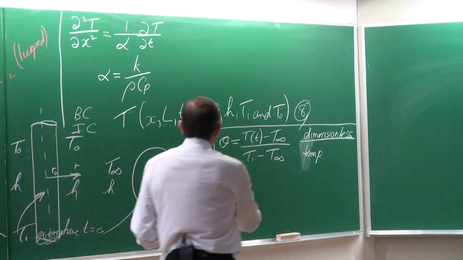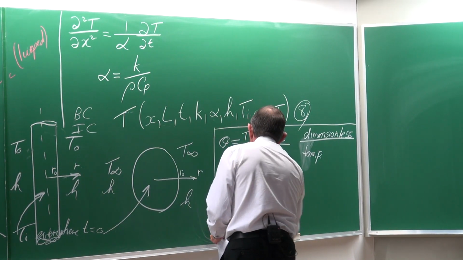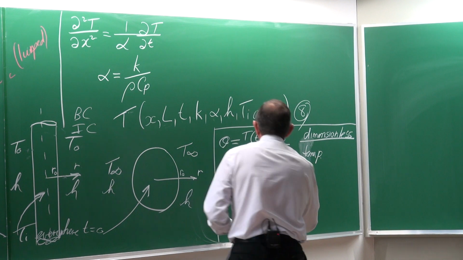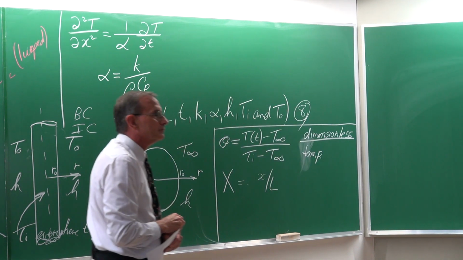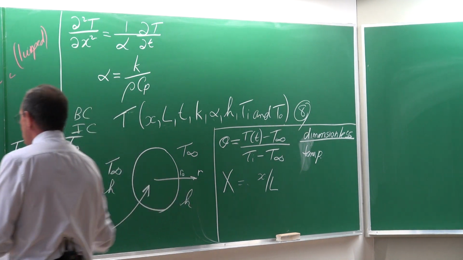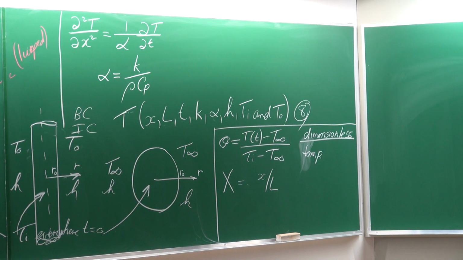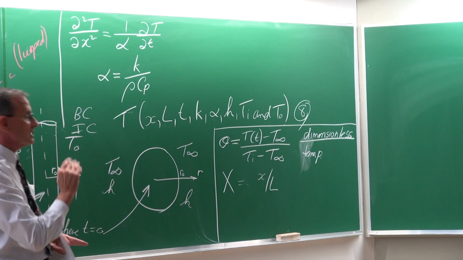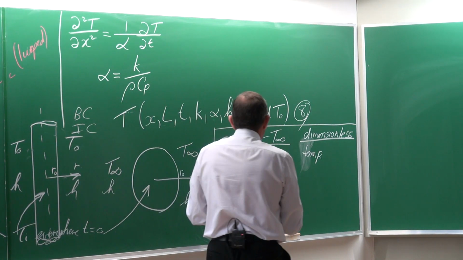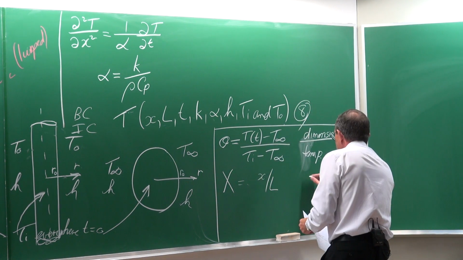Then there's also the non-dimensionalized position x, which is equal to small x divided by L. And remember, we are busy with this solution here, that of the plane wall. We are not doing the other two at the moment. That is in literature. So this one is position.